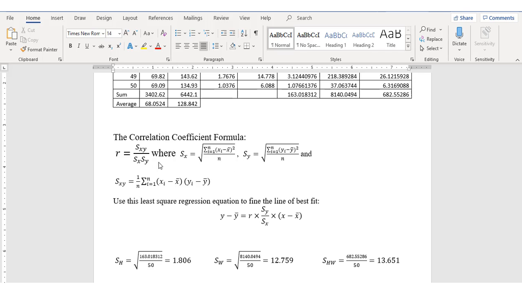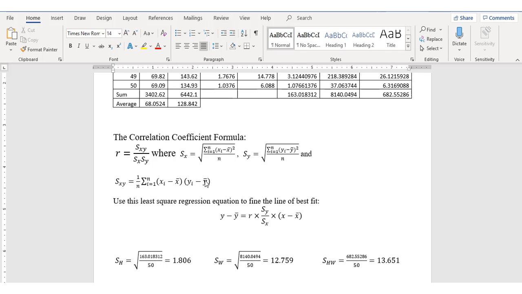Then we've got to use the correlation coefficient formula to figure out this R. And we put into this formula the population standard deviation for height, which equals the square root of 163.018312 divided by 50.